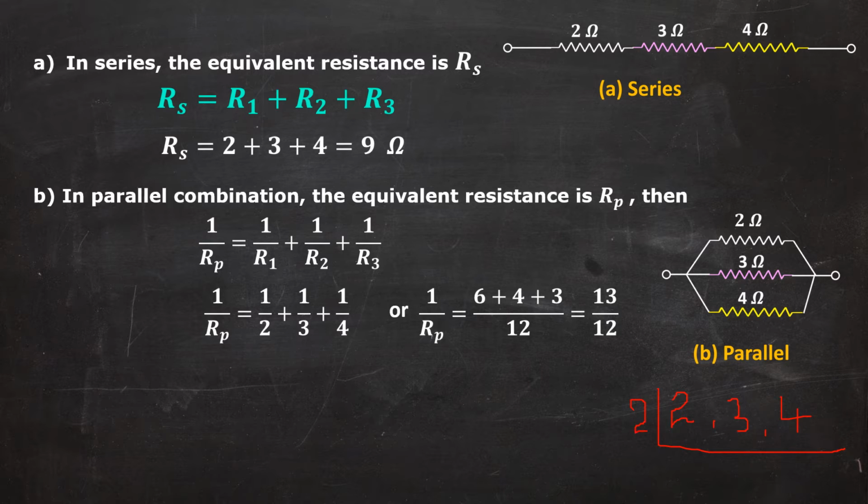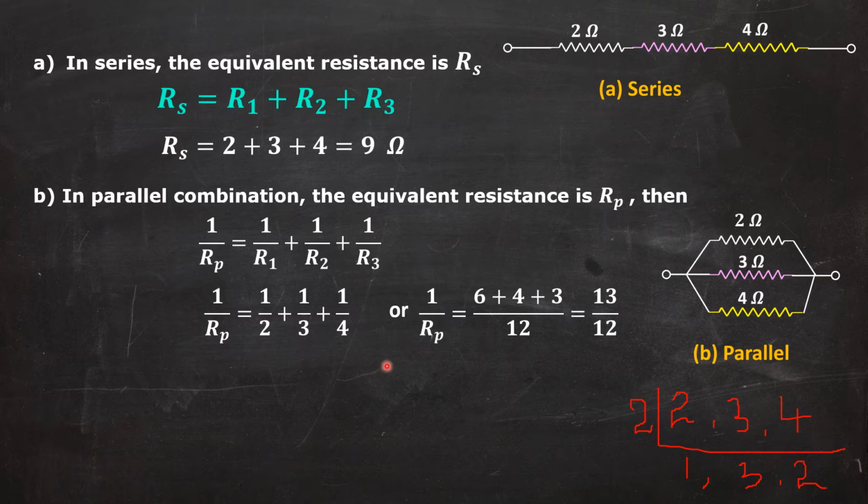So divide by 2, we get 2 1 is 2, take down 3 as it is, and 2 2s are 4. Then multiply these numbers, 2 into 1 into 3 into 2. 2 1 is 2, 2 3s are 6, and 6 2s are 12. So the LCM is 12.